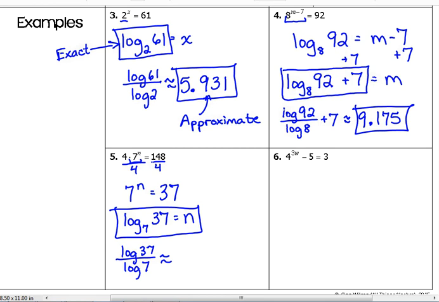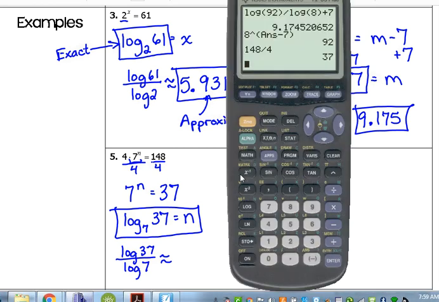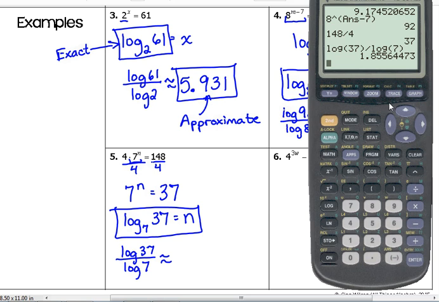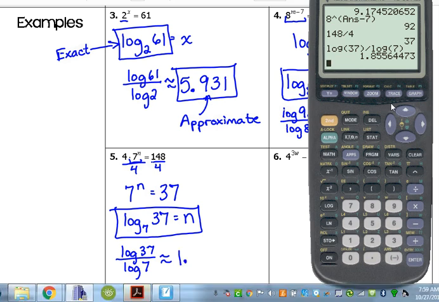Again, I'm writing it over and over in hopes that the more you write it, the more you will remember this is how I can do this in my calculator. I can almost promise you that you will see at least one problem like this on the exam. And change of base is so easy to do if you remember what to type in. 4 times 7 to the 1.855 does give us 148.